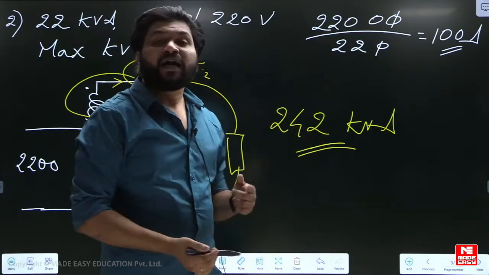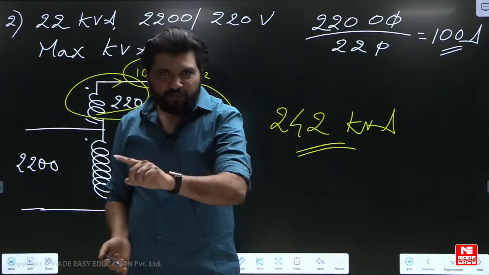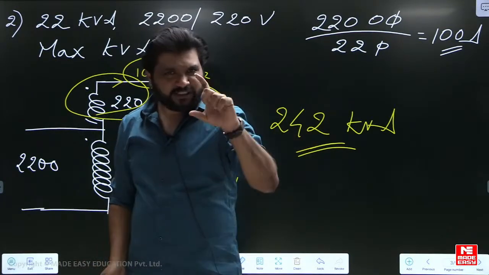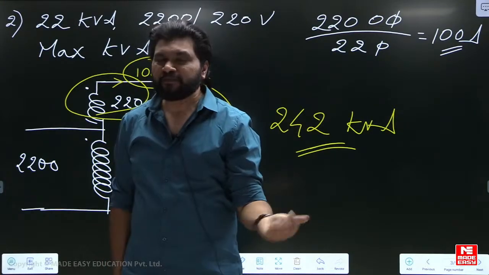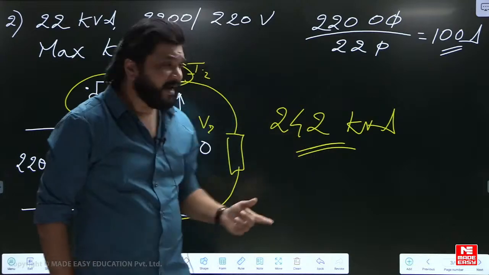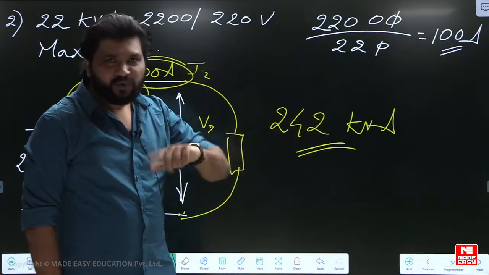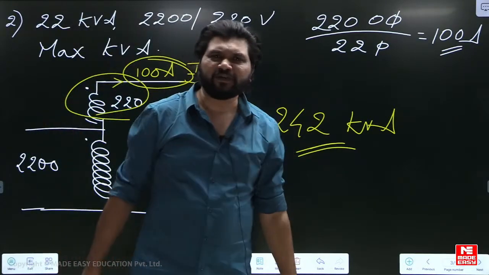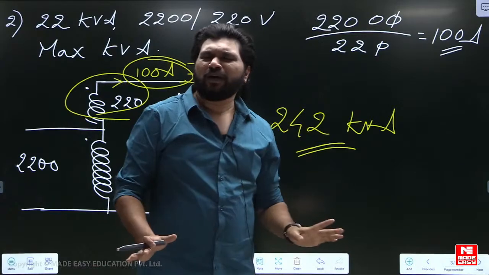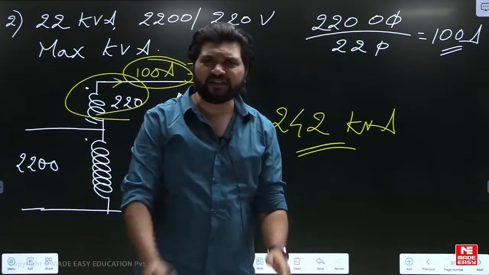Extra, another additional power which is directly conducted from input to output side, because some part of the winding is common to input as well as output. So the remaining 242 minus 22 kVA, if you take, you will get a number that can be treated as conductively transferred power. So no need to put any formula, no need to calculate K, 1 minus K times all these things. Directly you can answer.